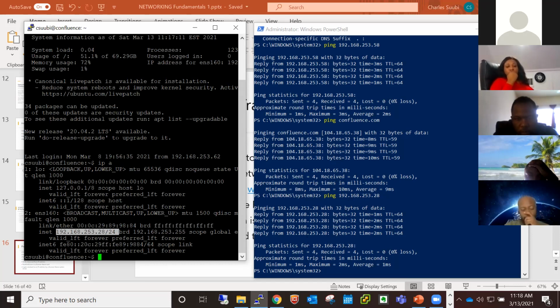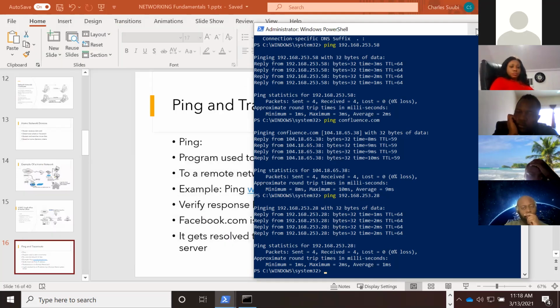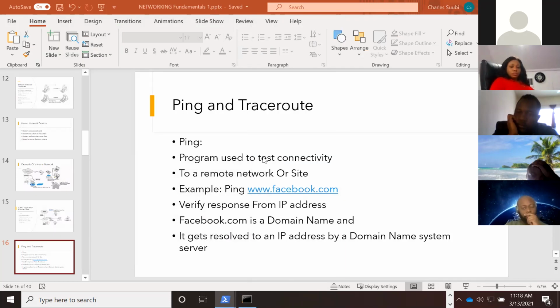I have this documented somewhere else on a resource in the internal network, an inventory, which points this IP address to this server. I was able to ping Confluence, a resource sharing server in my environment, and I was able to get a response. Since I'm able to get a response from Confluence, that means Confluence is up, and I can go to my next step in the troubleshooting.